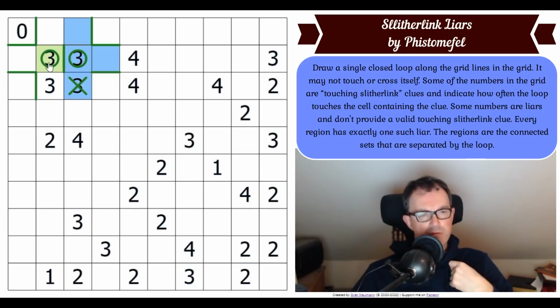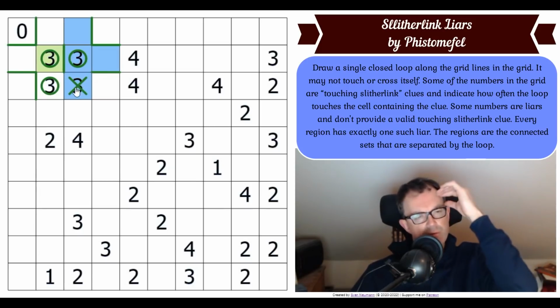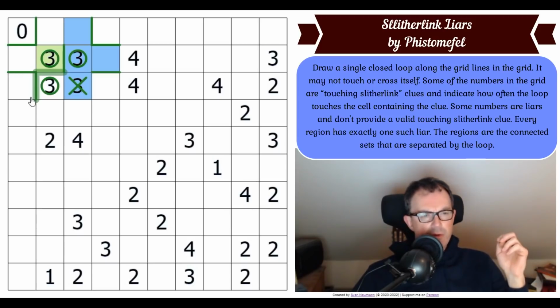But this is now a correct clue. And this can't be correct as well, because it's going to create that line segment there, which cuts the blue segments off from each other. And the only other option would be for this to be incorrect.